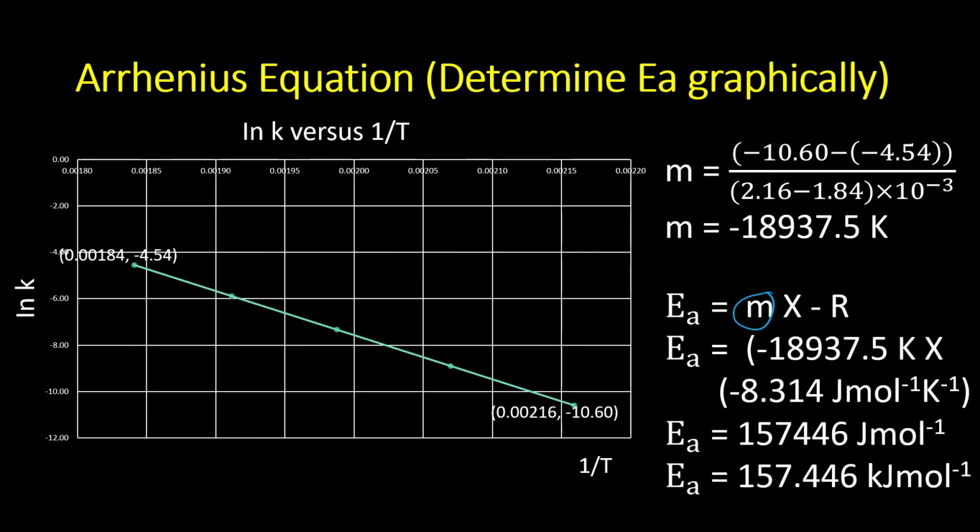But for activation energy, usually the unit is in kilojoule per mole. Therefore, we just need to divide by 1000 to give us the activation energy for the reaction as 157.446 kilojoule per mole.